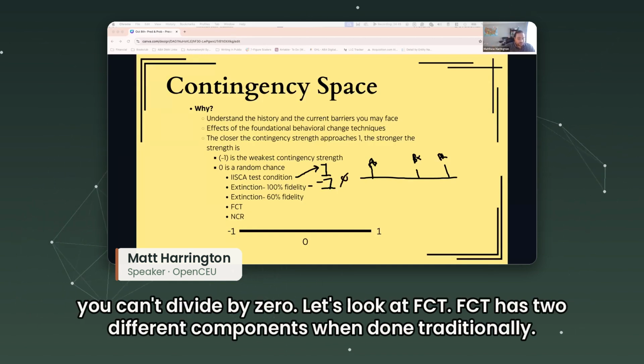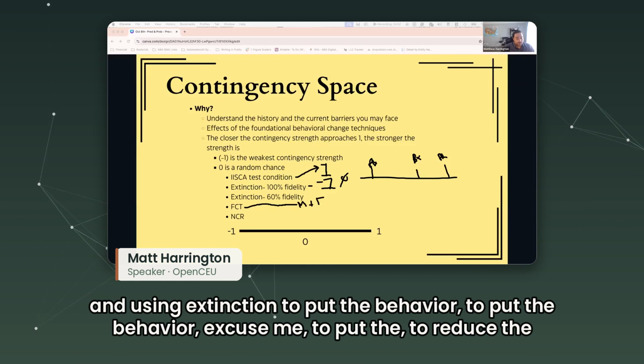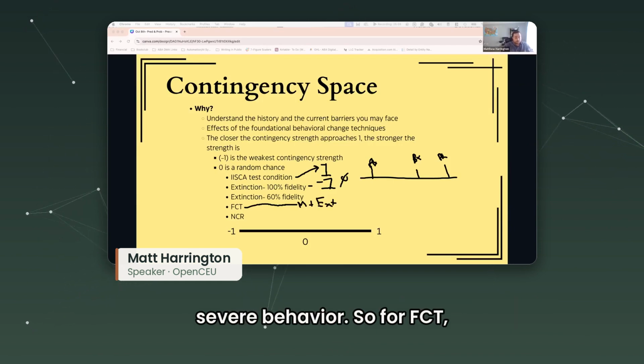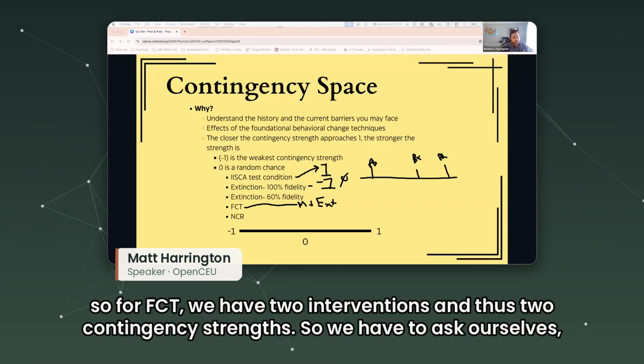Let's look at FCT. FCT has 2 different components when done traditionally. There's a manding, reinforcing a mand 100% of the time, and using extinction to reduce the severe behavior. So for FCT, we have 2 interventions and thus 2 contingency strengths.